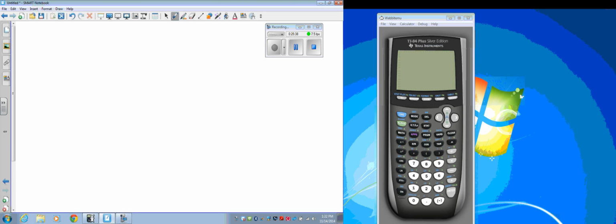Cosine of A plus B, which is the top one in that box, is cosine A cosine B minus sine A sine B. So which one is that? It's going to be the opposite of that, so F.